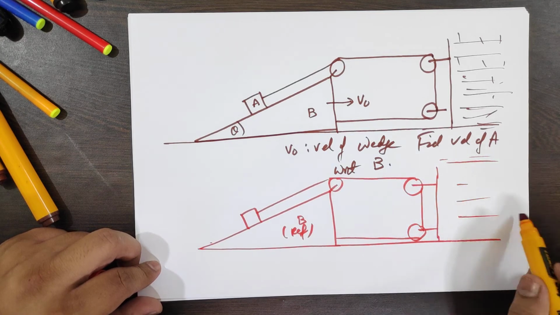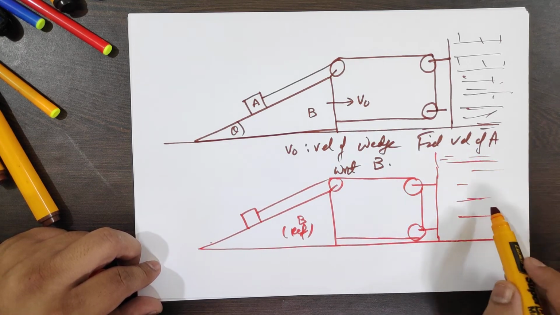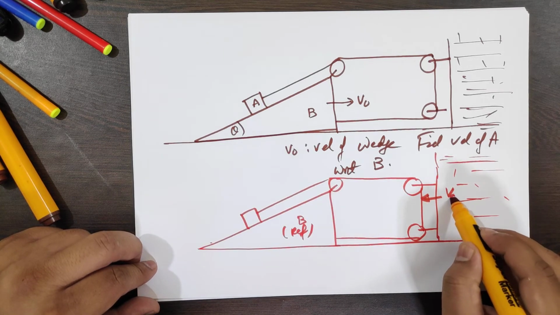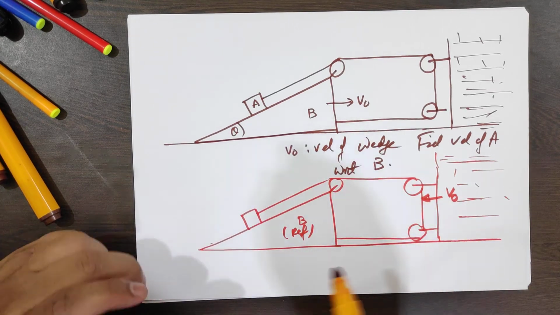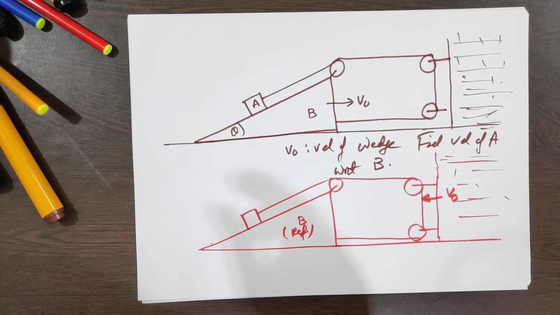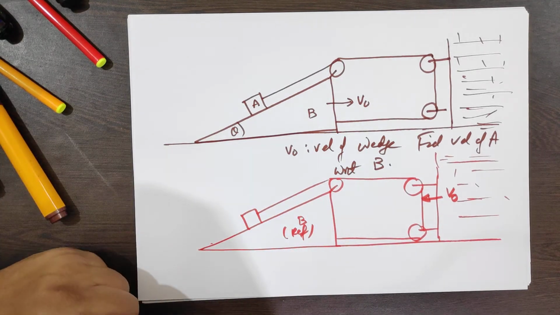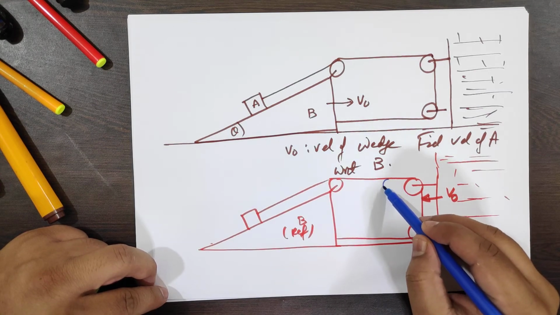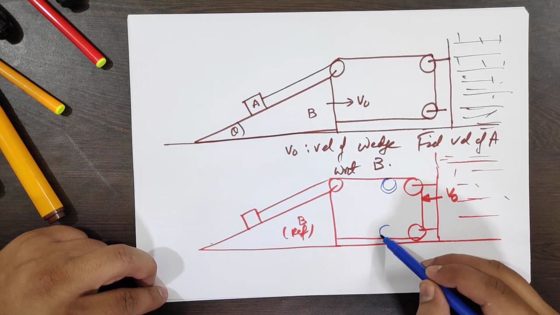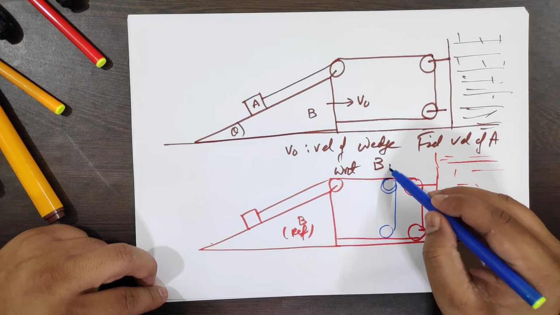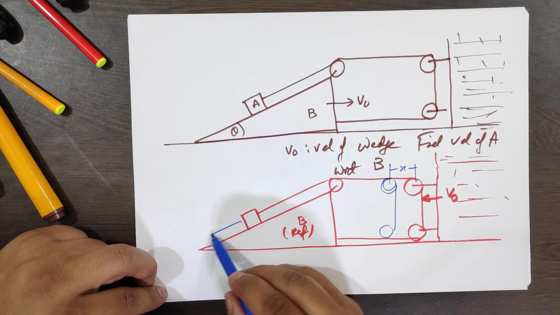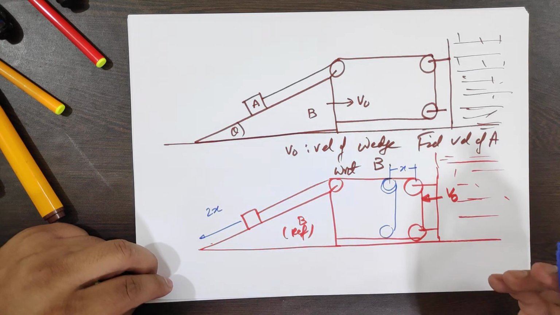Wall is like a large block, right? Wall is a huge block. So this moves at speed V naught relative to wedge. So we can apply here that work done by tension, right? Or we can directly say that if these two pulleys shift by certain distance x, to keep the length of the rope constant, this will go by 2x.